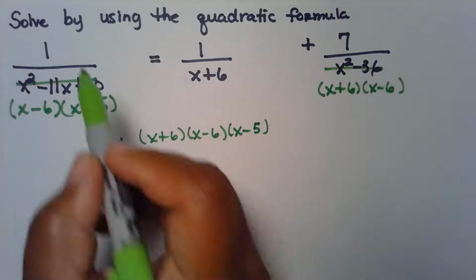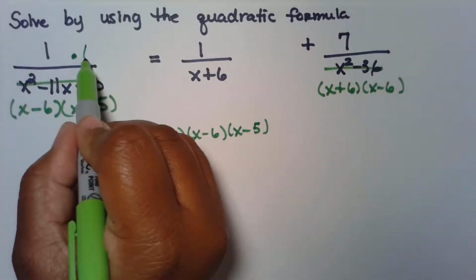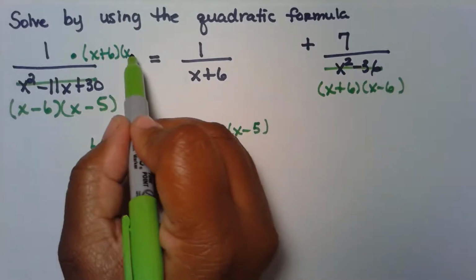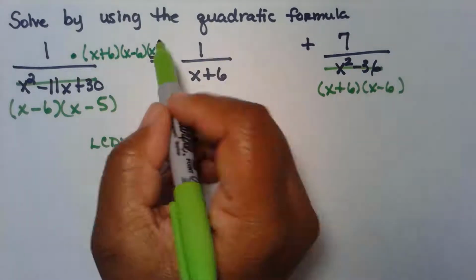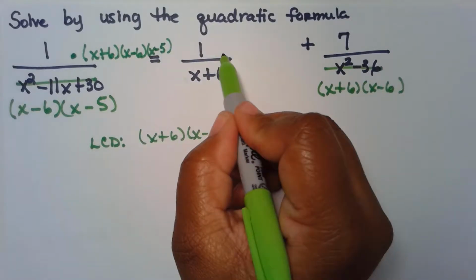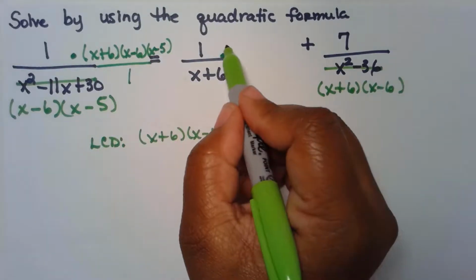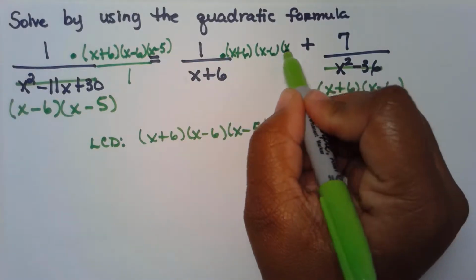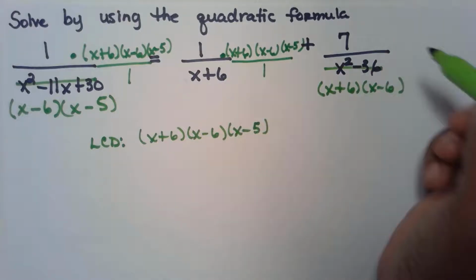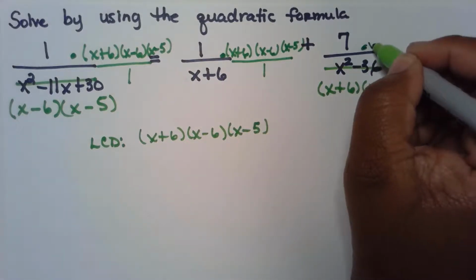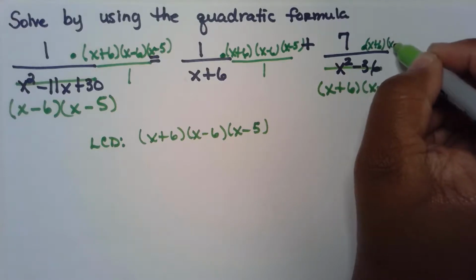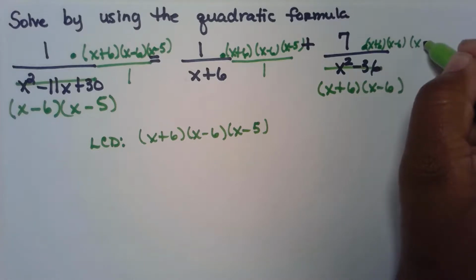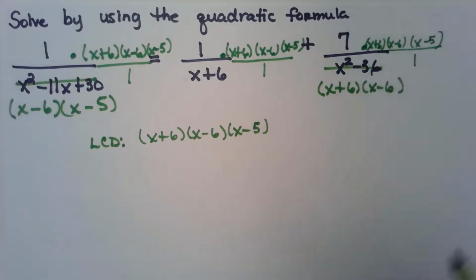So we're going to take those three factors and multiply those three factors to every term you see in the question. x plus 6, x minus 6 times x minus 5. That's all over 1.